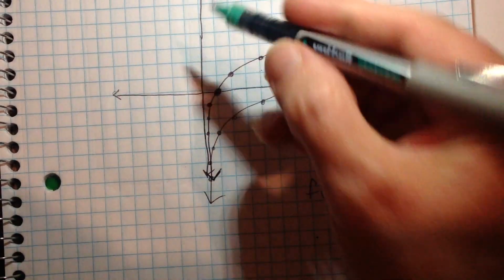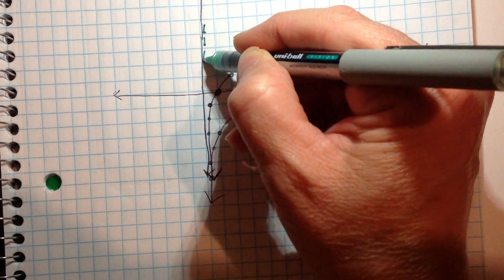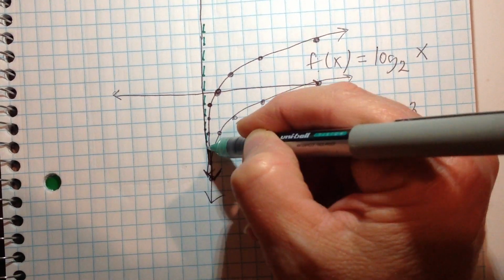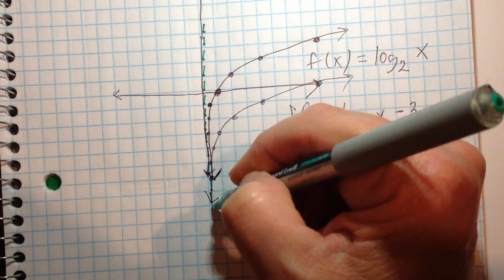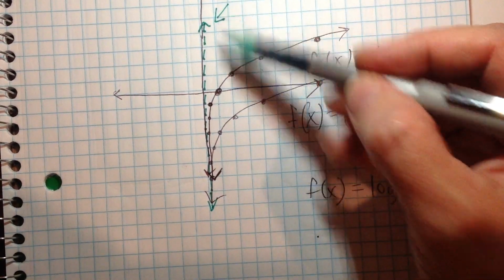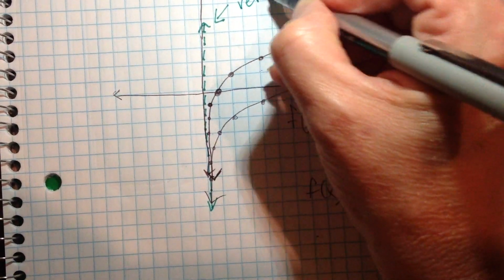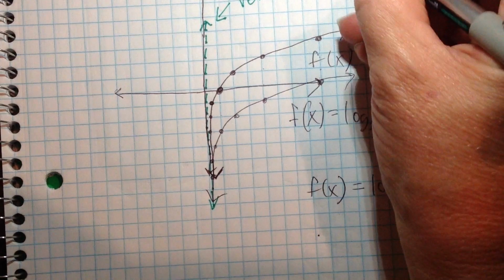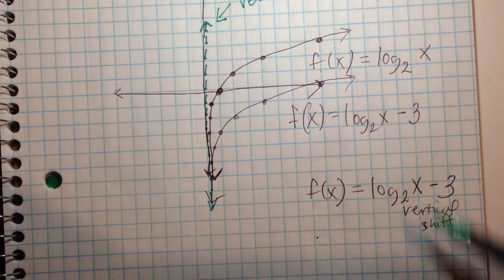Well, this graph gets closer and closer to the y-axis, but it never touches the y-axis. So notice I'm drawing a vertical line. This is my vertical asymptote for both graphs, actually.